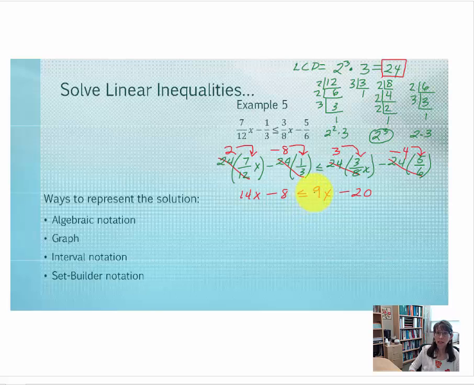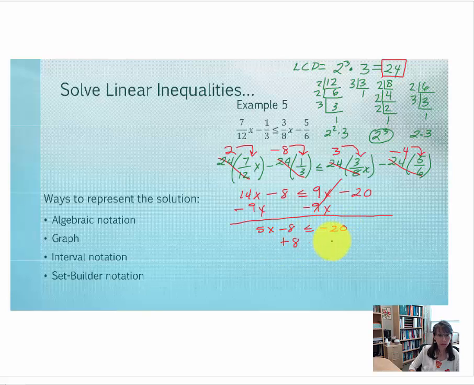So it looks like we're ready to collect all our variables on the left side of the inequality. I'll subtract 9x from each side. So it's eliminated from the right side, and it looks like 5x minus 8 is less or equal to negative 20.